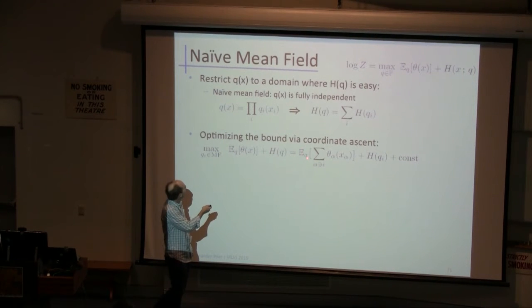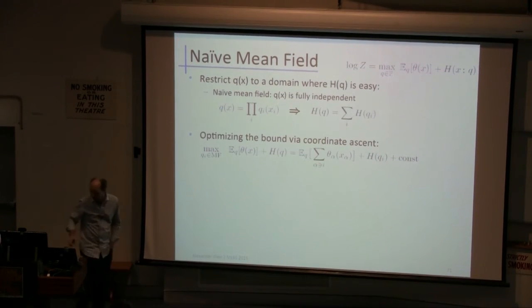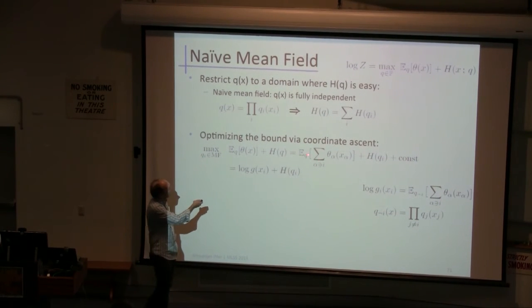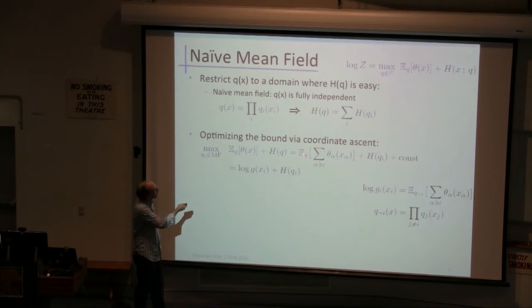So we're going to get an optimization over qi of the expectation of the alphas that involve i, plus the entropy of qi. These theta alphas depend on other x's besides i, but their expectation is already being taken with respect to those q's, which are fixed.